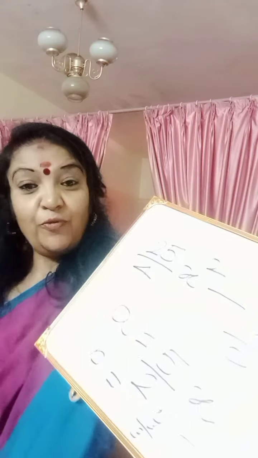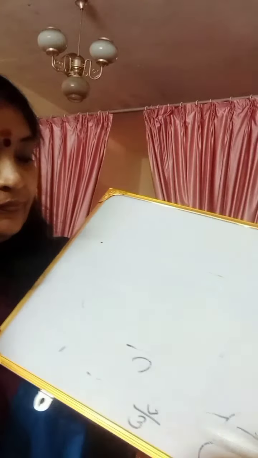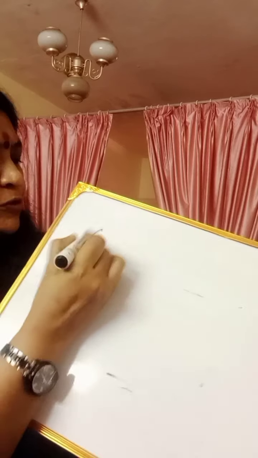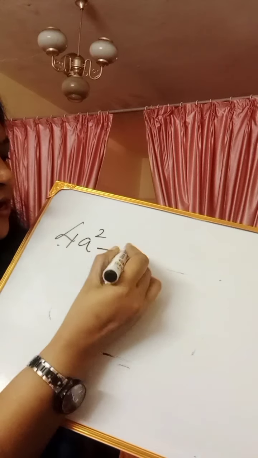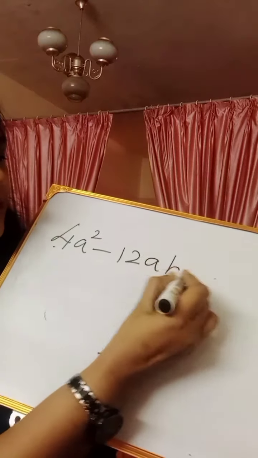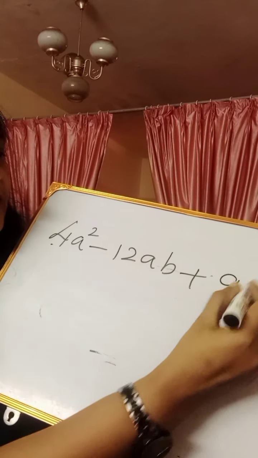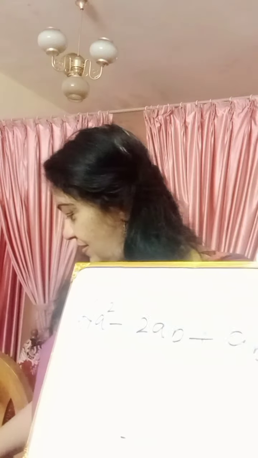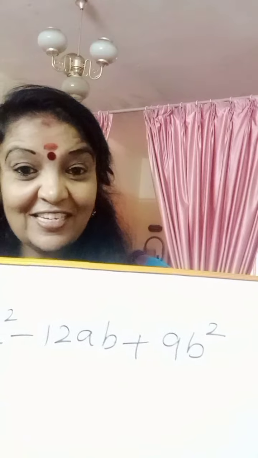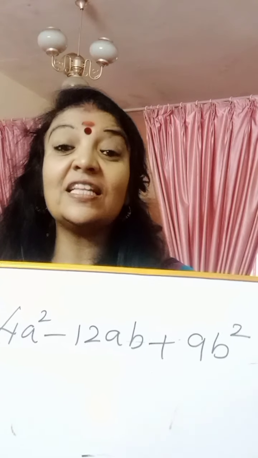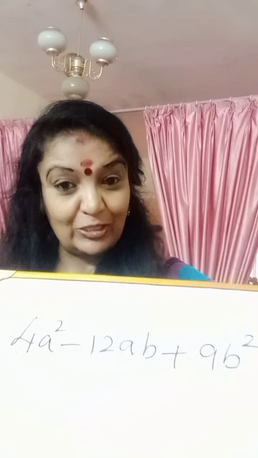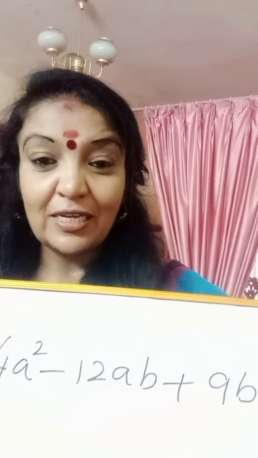Now moving to the third example. I am showing another one: 4a square minus 12ab plus 9b square. Got the identity? Yes. This also contains three terms. The first and last terms are perfect squares and the middle term is minus.